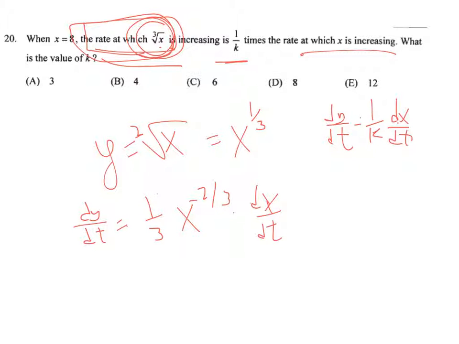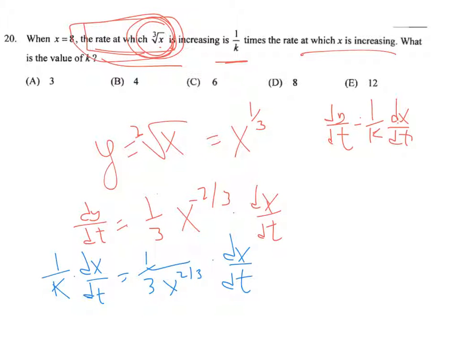And the nice thing about that is I can then sub that in. I'll have 1 over k times dx/dt. Sub that in for y, and that's going to be 1/3 x to the 2/3 times dx/dt. And dx/dt we know is non-zero, so I can divide both sides by dx/dt.